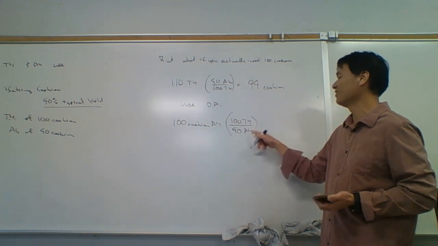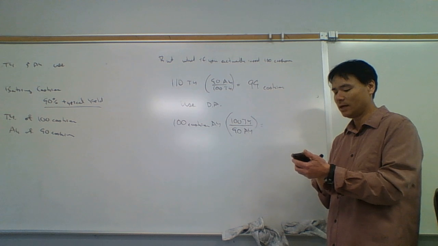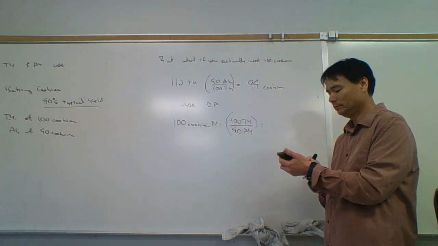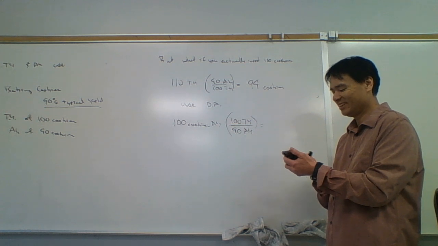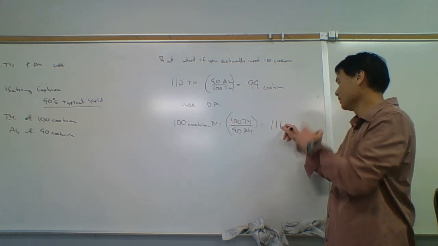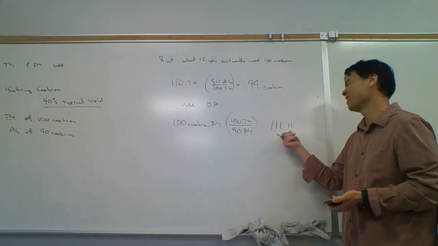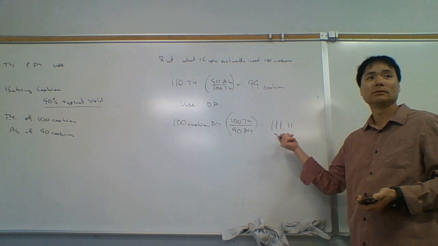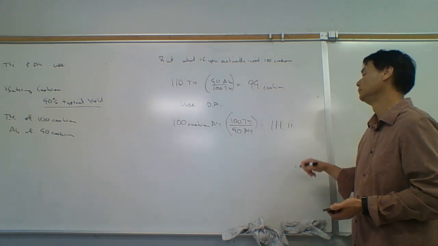The actual cancels, and this tells me in theory how many I have to make. So 100 times 100 divided by 90. I better plan on making 111.11. In other words, I probably should make 112 cookies to compensate for that loss.